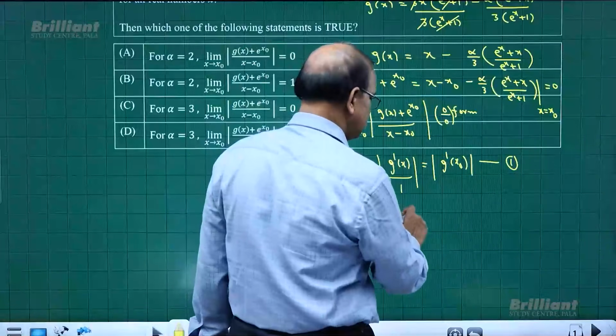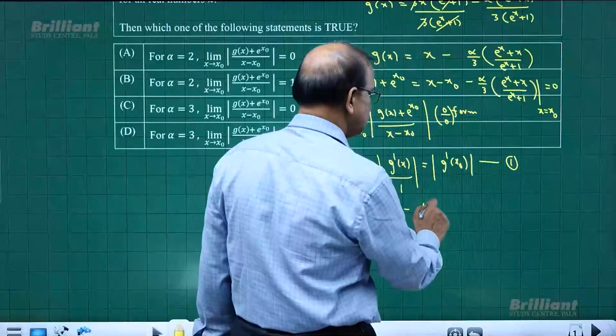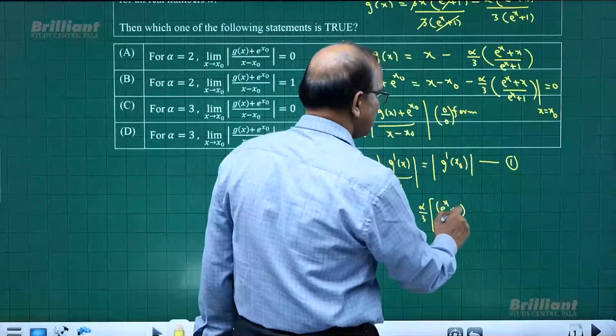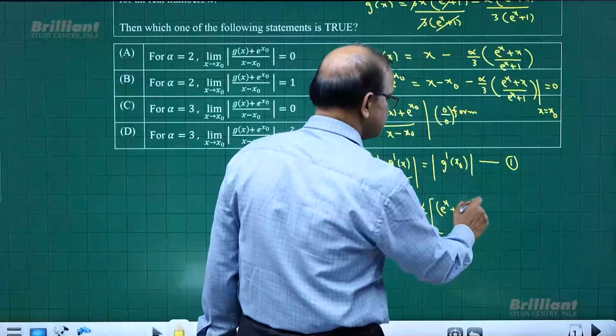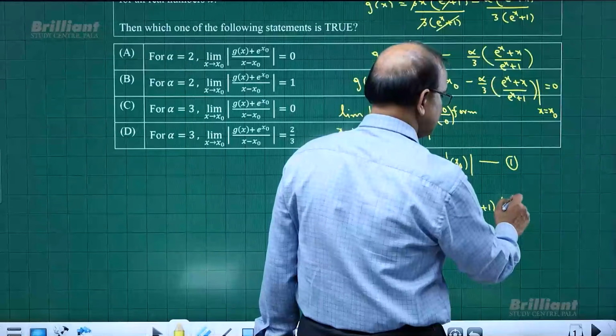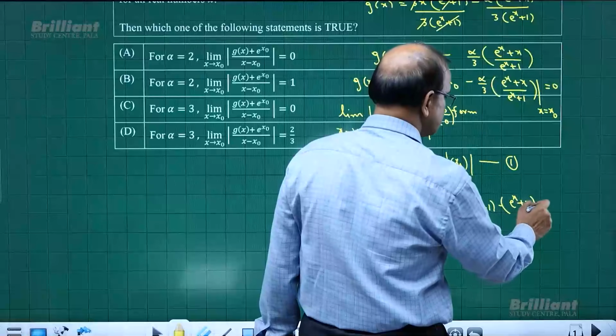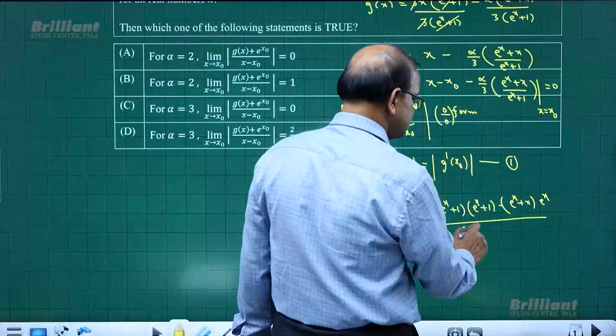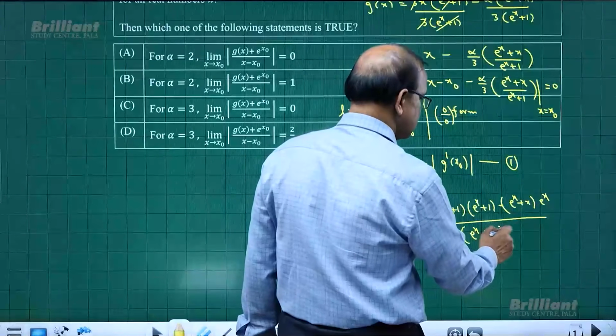So minus alpha by 3 and e power x plus 1 and e power x plus 1 minus e power x plus x into e power x, whole by e power x plus 1 whole square.